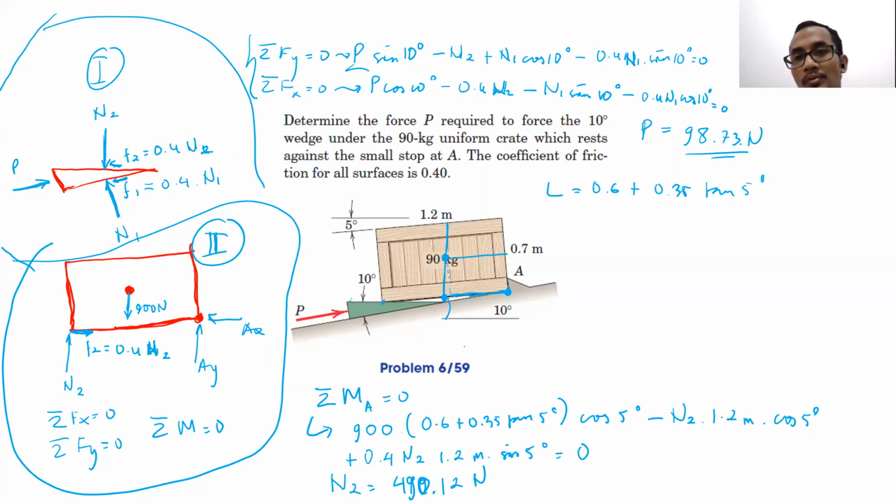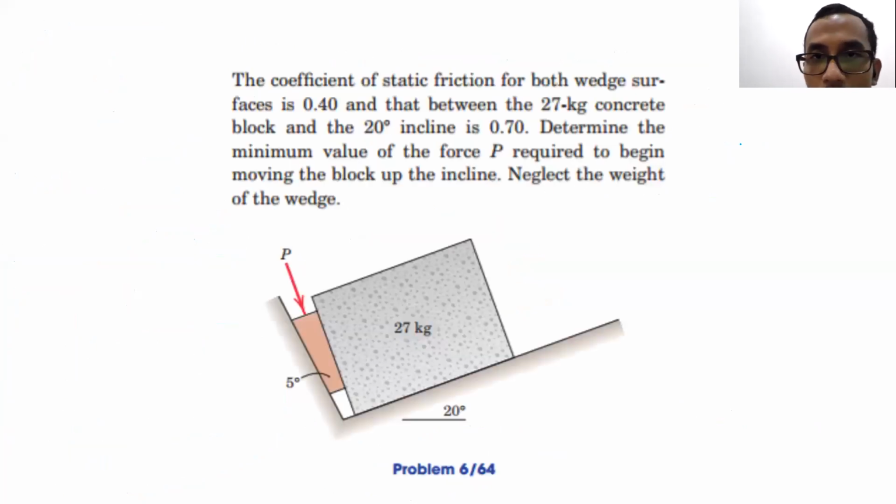After we solve the free body diagram of the mass, then we can go to the free body diagram of the wedge to solve for the force. This is another equation and another example, quite close to that. I will not discuss this in detail because it is quite close to what we had before. Okay.